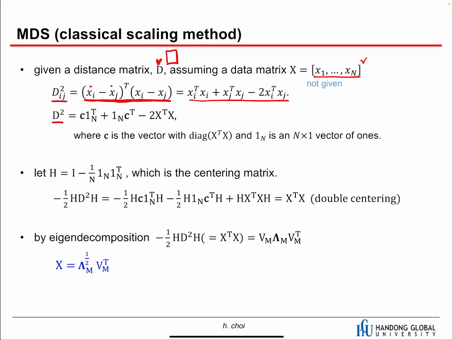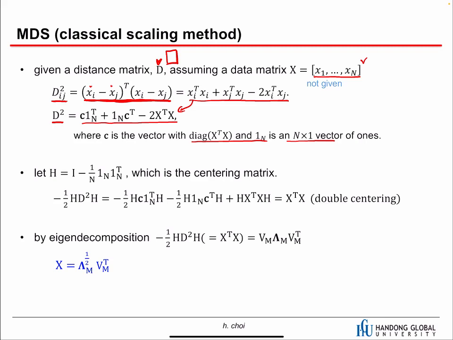And this square can be represented by these equations. This equation is coming from this one, simply. And c is the vector with the diagonal elements, and 1n is just an n-dimensional vector whose elements are all ones.